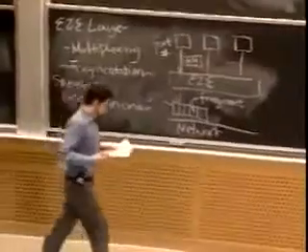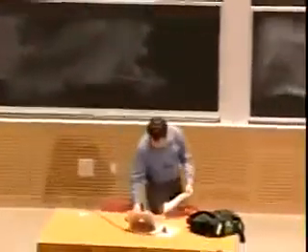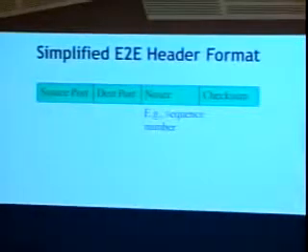So just to make it clear, I want to look quickly at a simplified end-to-end header format. We looked at the header formats for the other layers last time, and this is just showing some of the things that you might expect to see in an end-to-end header. There are, of course, additional things if you go look at the TCP header, but these are the ones that mostly matter from the point of view of this class.